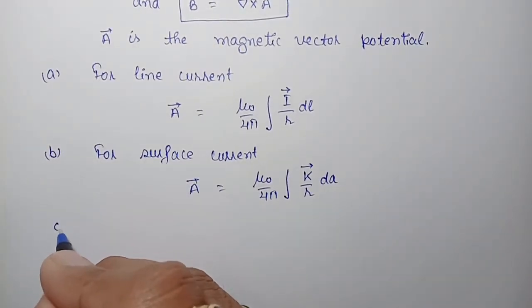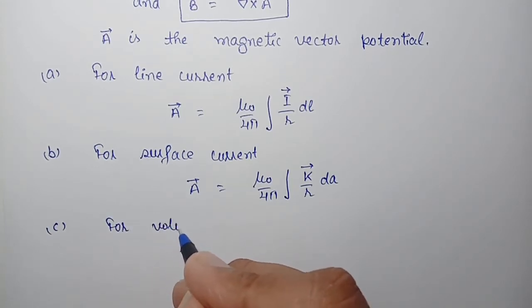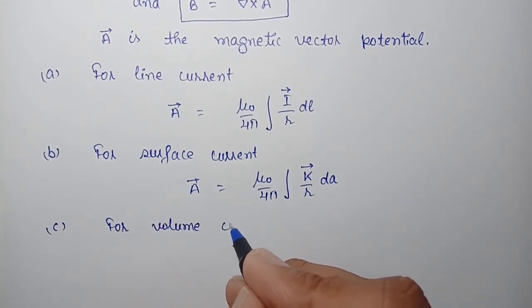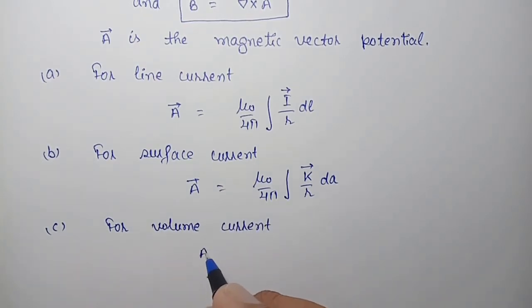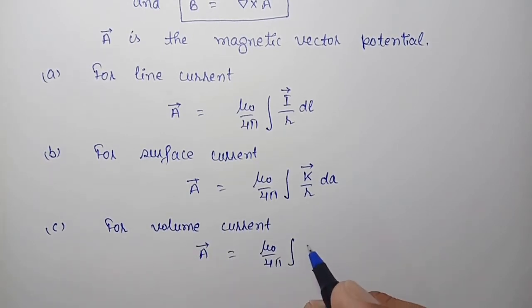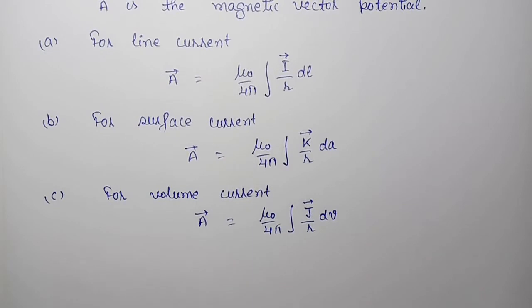Similarly, for volume current, this A is equal to mu naught over 4 pi, and here this is J over R dV. So these are the equations for vector potential for line current, then for surface current, and then for volume current.